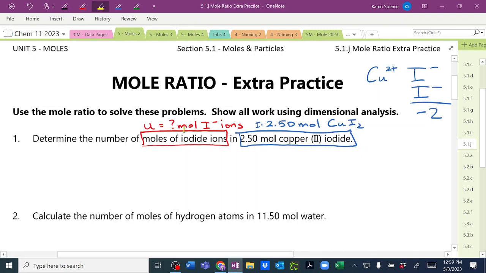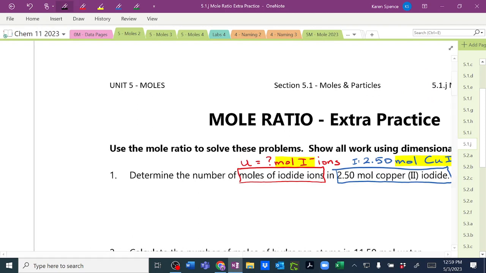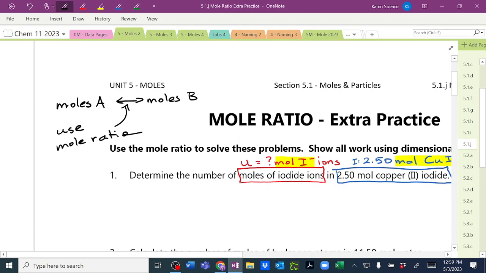Now, if I have moles of one particle and moles of another particle, I can use the mole ratio to convert between those two. So if I have moles of particle A, and I have moles of particle B, I can use the mole ratio to convert between those two in one step.